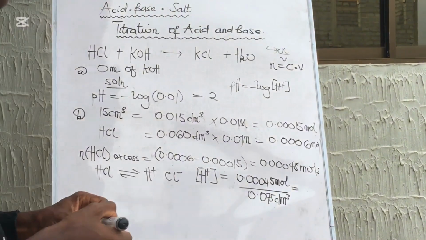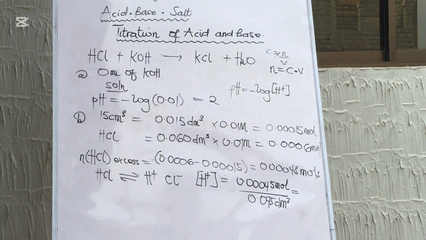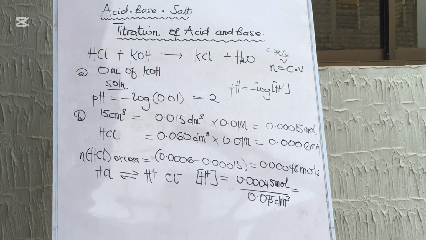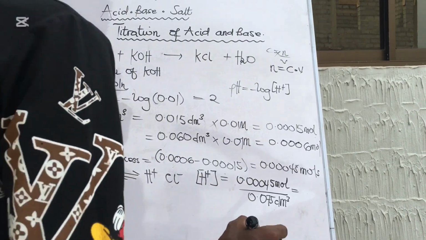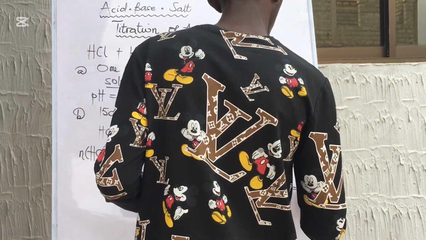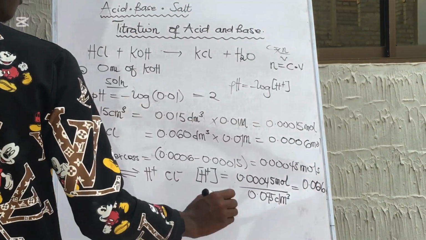With our calculation, you will realize that the final concentration of the H plus in the solution is 0.006.